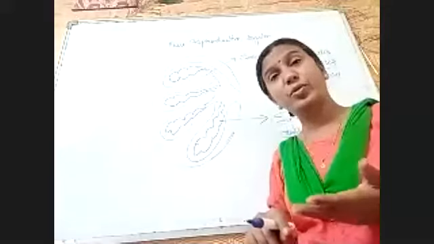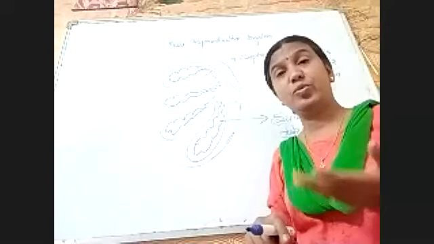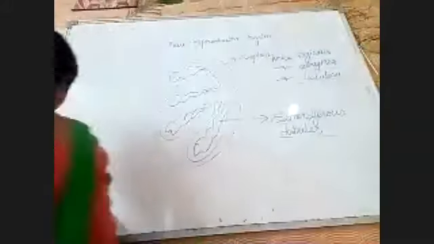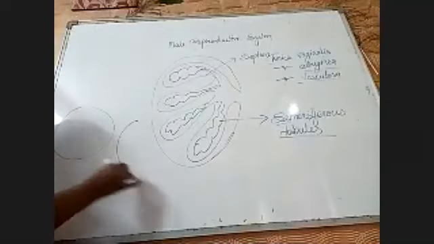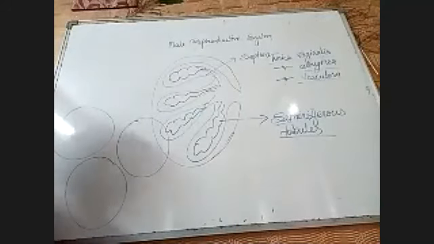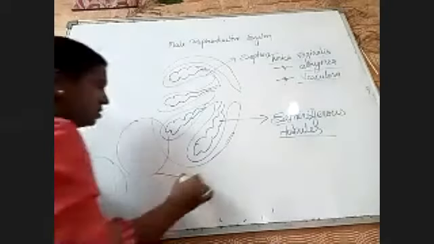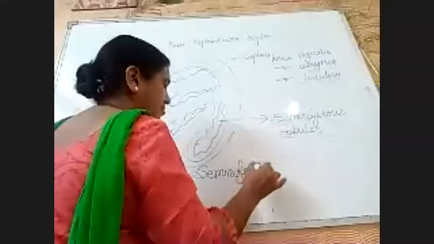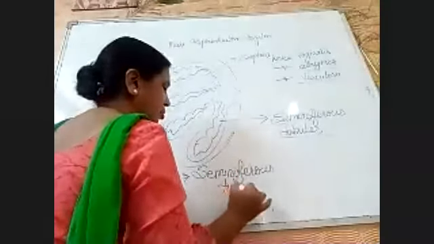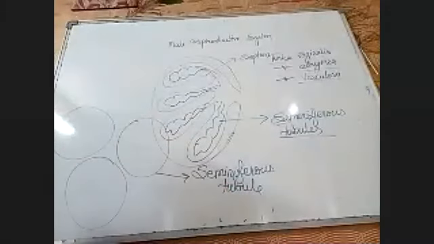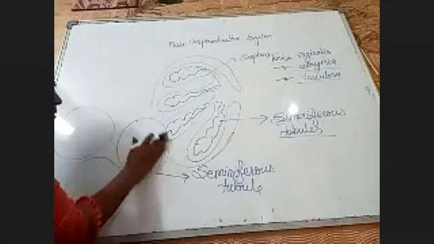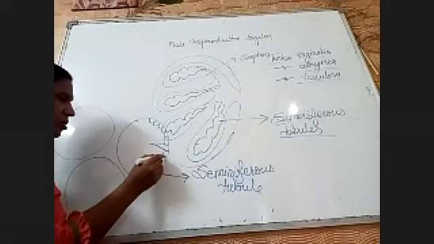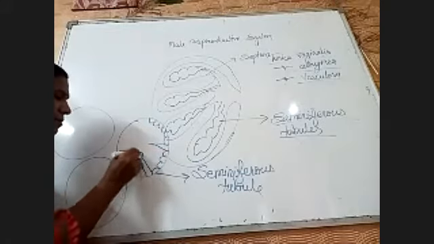So under a microscope, when we take the transverse section of the seminiferous tubule, we will see that millions of seminiferous tubules are present here. This is the seminiferous tubule. Each seminiferous tubule is lined internally by the cuboidal epithelium.